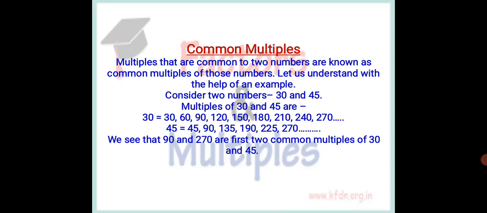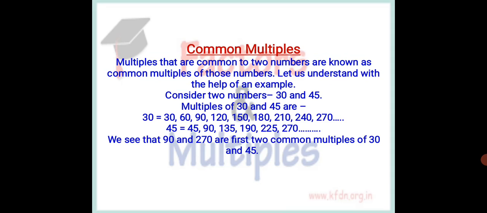Let's understand this with an example. Consider two numbers, 30 and 45. Multiples of 30 are 30, 60, 90, 120, 150, 180, 210, 240, 270, and others, 300, 330, we can continue. Same to same, the multiples of 45 are 45, 90, 135, 180, 225, 270 and so on.